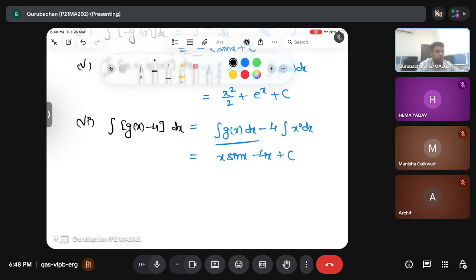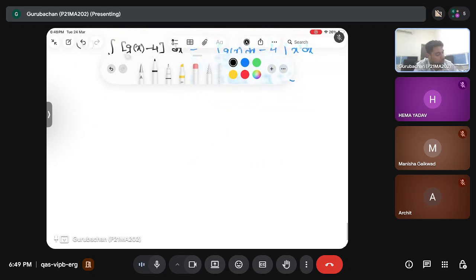Now let us move to how definite integral is related to area, or how you calculate it. So we first do such an illustration.